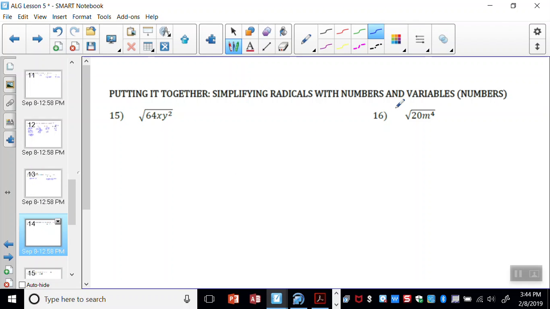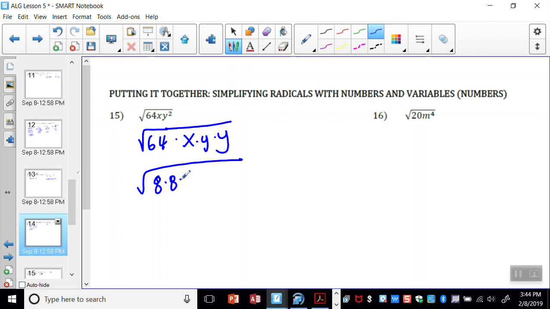Now let's simplify with the numbers and variables. 64 is a perfect square, right? And then x times y times y. So 64 is 8 times 8, and you can take them outside, so 8y comes out and x stays inside.